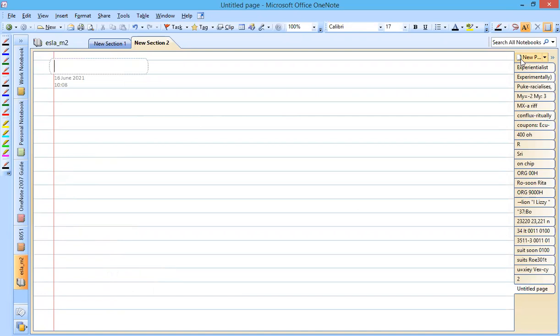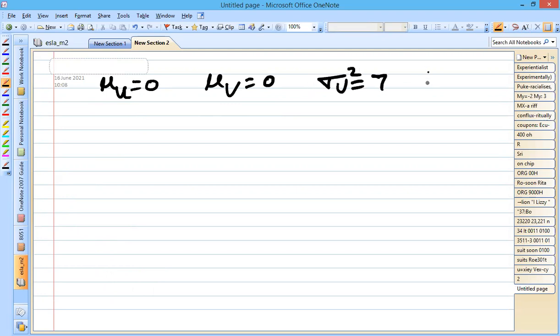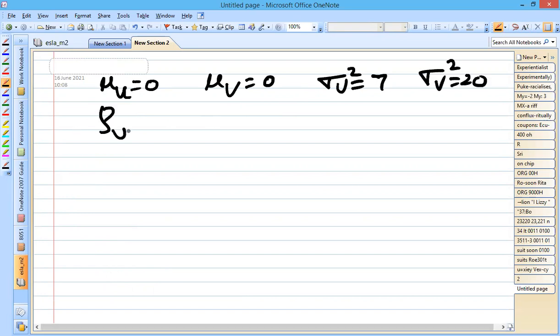So here, first note down the given parameters. We are given the mean of u as 0 and the mean of v is also 0. And then we are also given sigma u square as 7 and sigma v square as 20. So copy this, and also rho uv, that is the correlation between these two parameters, is given as 0.50.